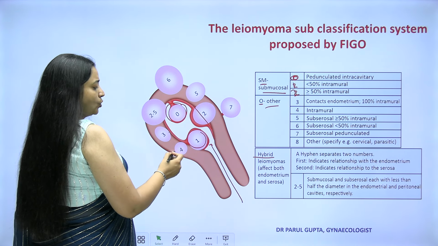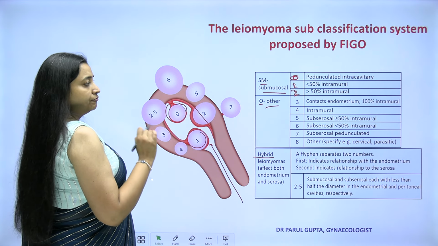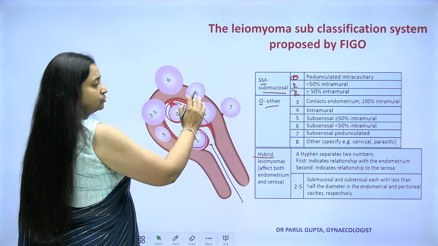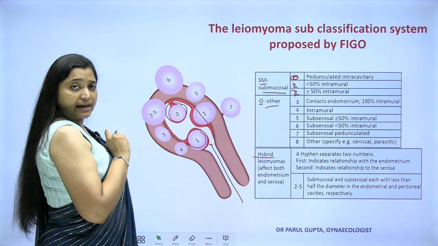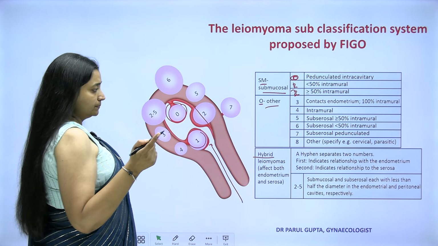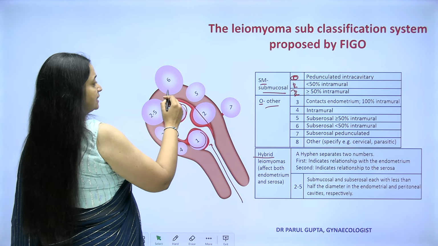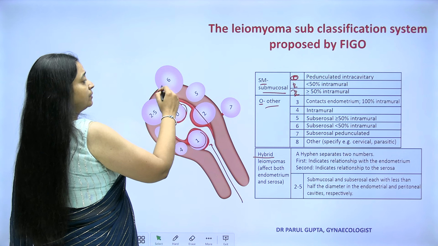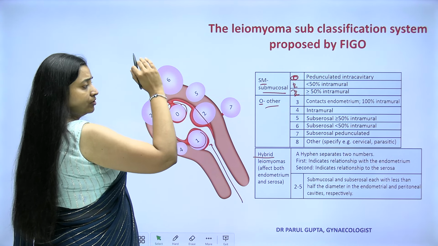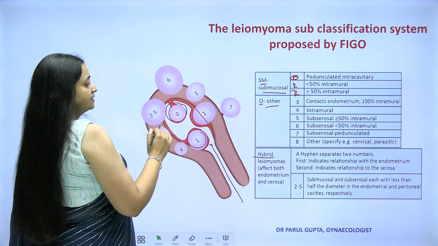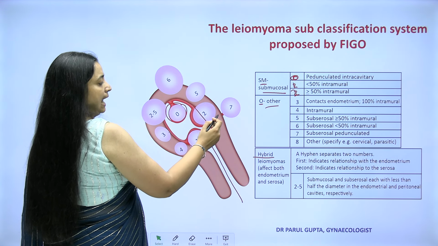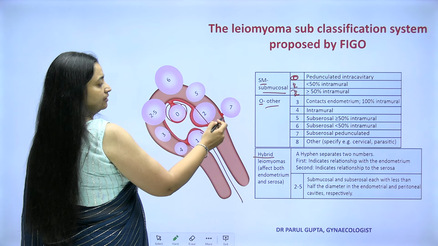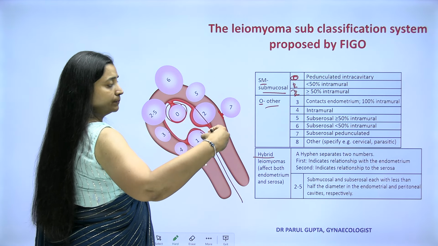4 is a pure intramural fibroid. 5 starts moving towards the subserosal layer but more than 50% is inside your myometrium. 6 is again subserosal but more than 50% has gone away from the myometrium. 7 is pedunculated, a subserous fibroid which has got a specific peduncle.